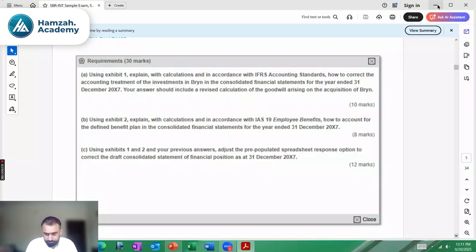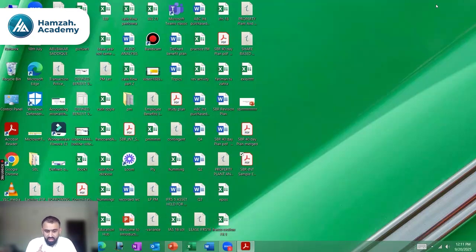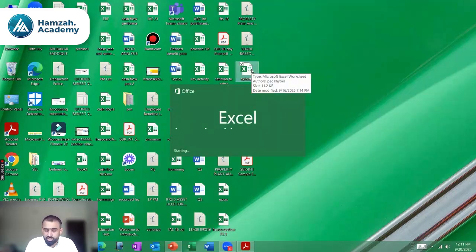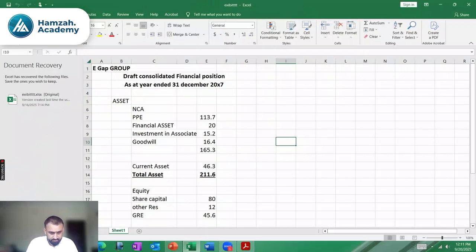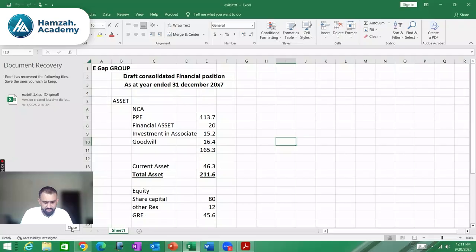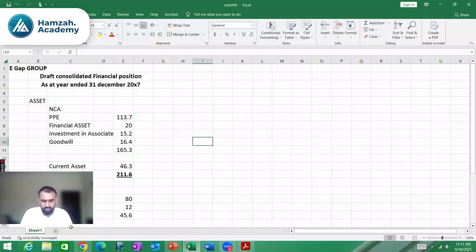So in the question, there is a pre-populated financial position which you can see on your screen. This pre-populated financial position we need to adjust with the information given in exhibit 1 and exhibit 2.